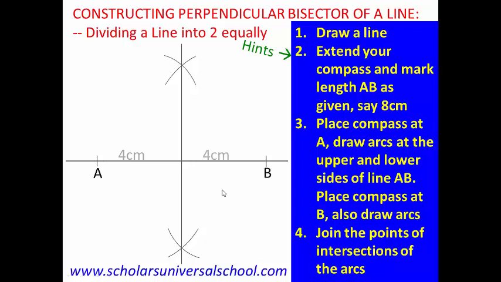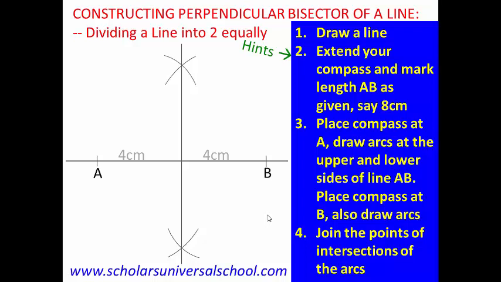You try it alongside as you study this. You can pause your video and ensure that you do this and see if you will get 4 centimeter. Of course, you must get 4 centimeter in each case because the whole line is 8 centimeter and dividing it into 2, you have 4 centimeter. 4 plus 4 equals 8.